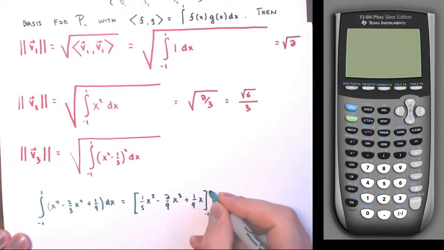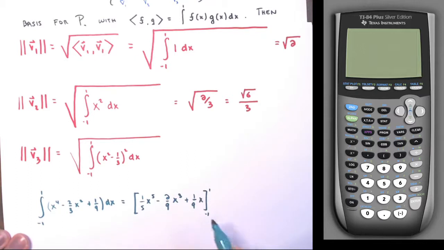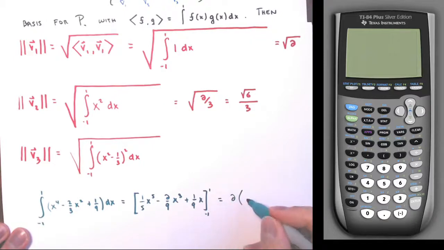And we're going from -1 to 1, which is really just going to be double what I get when I plug in 1, because this is odd here. So this is going to be 2 times 1/5 minus 2/9 plus 1/9. Now, -2/9 plus 1/9 is -1/9, so it's a fifth minus a ninth.